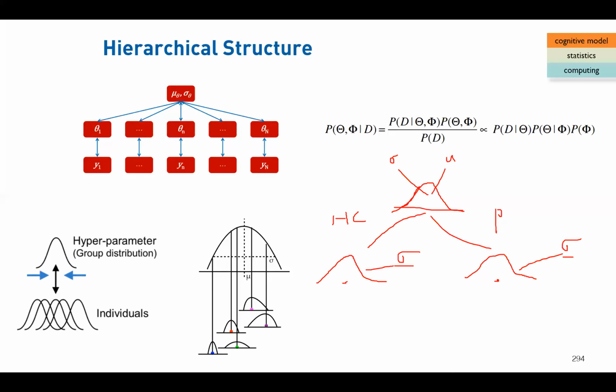Maybe the healthy control is narrower, and maybe for the patients it's a bit wider, because for patients heterogeneity is usually an observation, right? They are less similar to each other. And then at the level below, we have the one that we are familiar with, the individual level: healthy participants individual level, and here the individual patients.